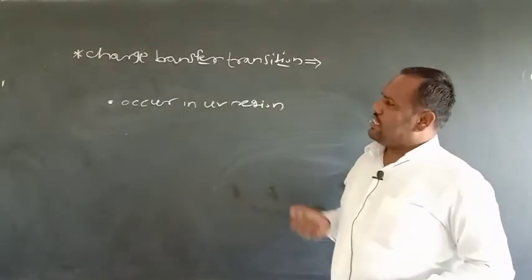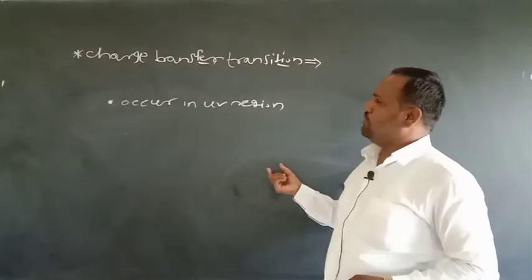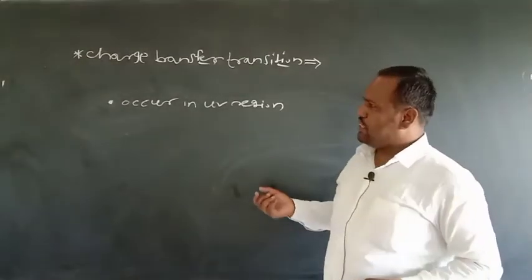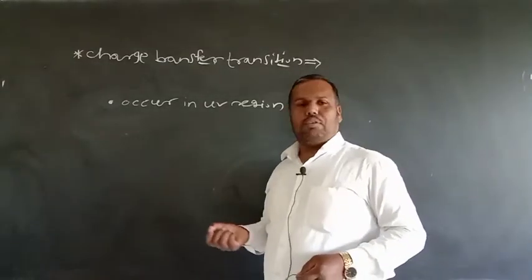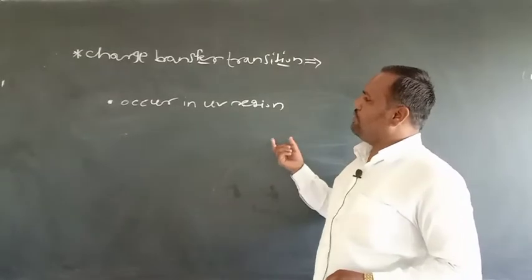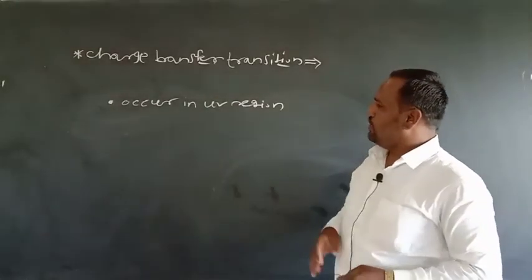If the transition occurs in the visible region, then the complex shows a very dark, intense color. For example, the dark pink color of KMnO4 is due to the charge transfer transition. Generally, charge transfer transitions occur in the UV region.